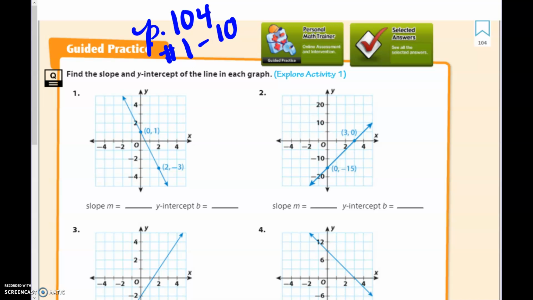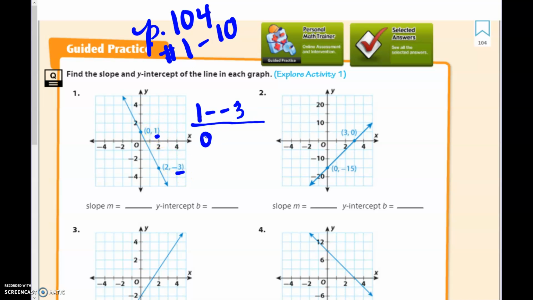All right, so we need to find the slope. There's a couple different ways, remember, you can find the slope. One is to use your slope formula, in which case we're going to take the y values. Remember how a lot of times I like for you to circle your y values. So we're going to do 1 minus a -3, and I started with the number on top.